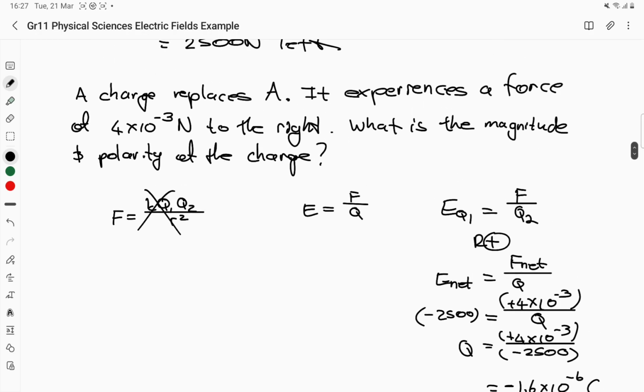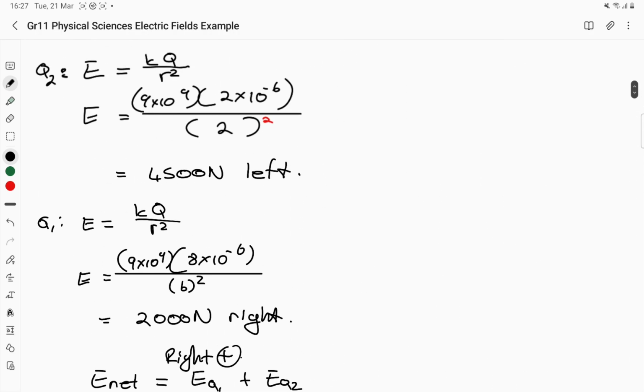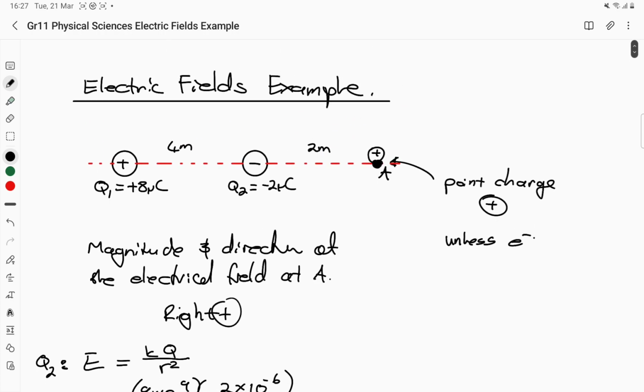If we look at this diagram here, we can replace this A with that charge, and let's call it Q3. Q2 will have the greater effect because it's closer. If you look at the r squared and so on, you can work it out, but this is the charge that will affect Q3 the most.